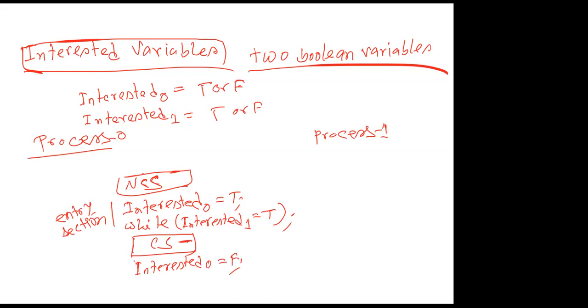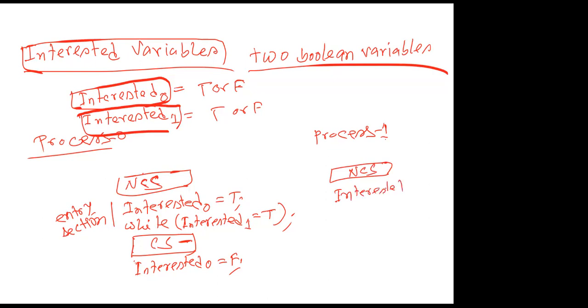For process 1, it's the same. Process 0 uses interested 0 as its variable, and process 1 uses interested 1. The entry code makes interested 1 true, and then checks the other value: while interested 0 equals true.